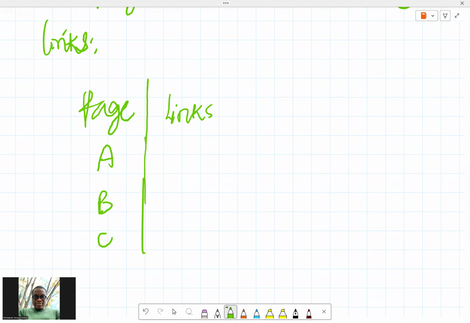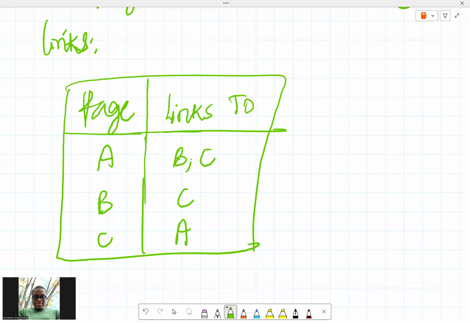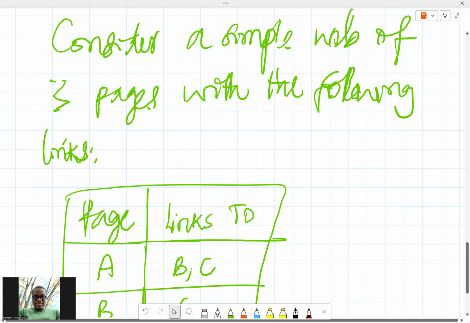From A, you have links to B and C. From B, you have a link to C. From C, you have a link to A. So just as simple as this. From A, you can navigate to B or C. From B, you can navigate to C. From C, you can navigate to A. So that's what we have there.